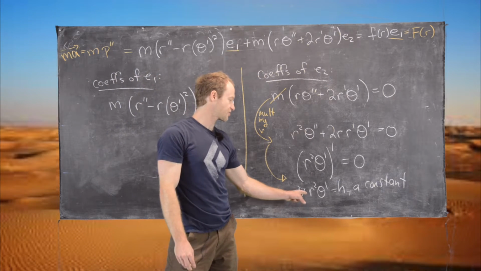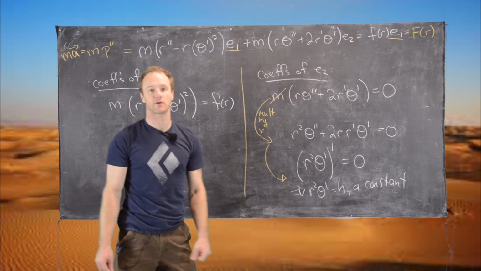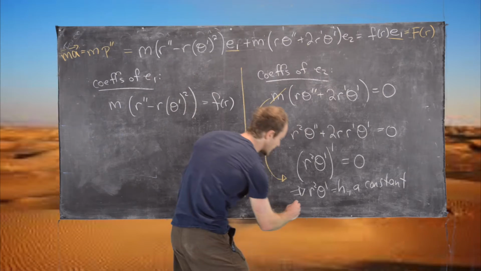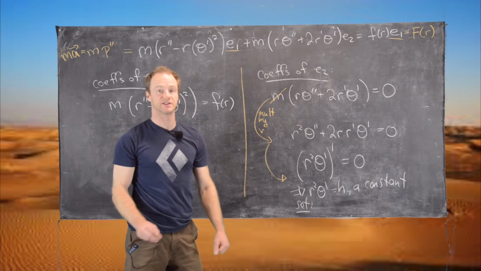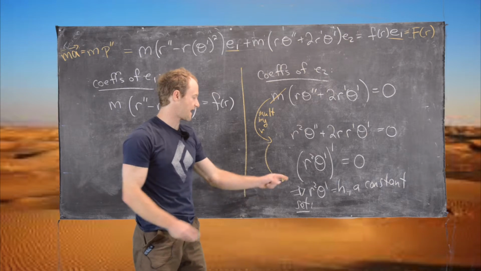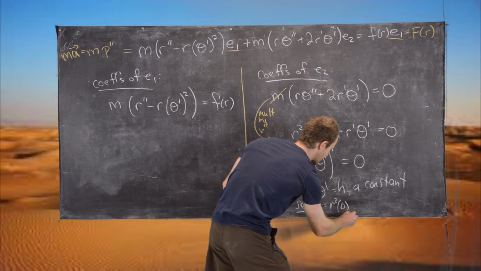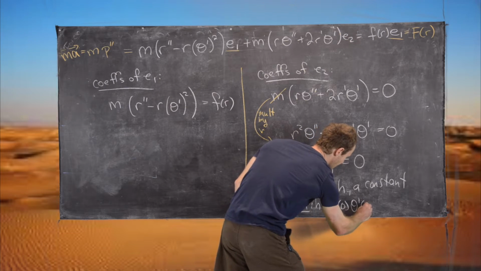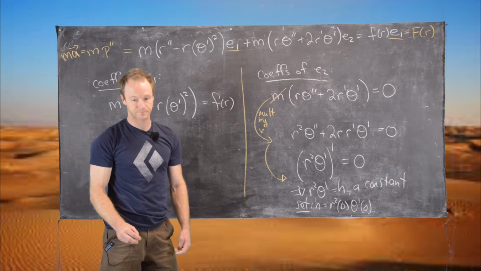Well, we actually have a very good choice, because this is a constant for all values of t. So we are probably given some initial conditions in this setup, so we can just set h equal to r squared evaluated at 0 times theta prime evaluated at 0, and that's our value of h.